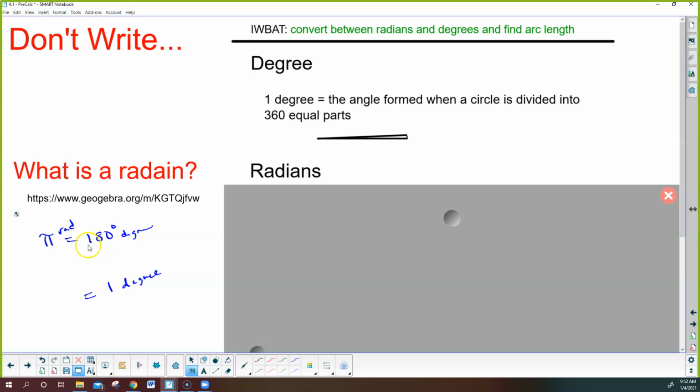Right? All I do is divide both sides by 180. Because if I divide by 180, 180 over 180 is 1. And that means that pi divided by 180 is how I get the degree. So if I have something in radians, I could actually convert it to degrees using this relationship right here.